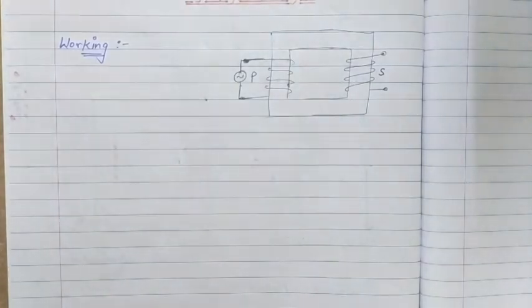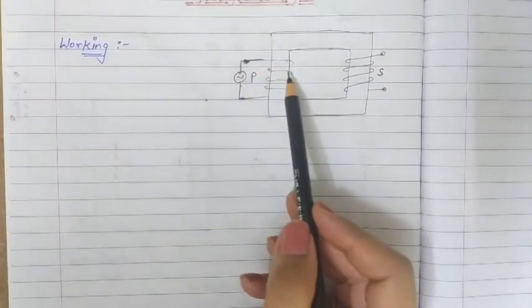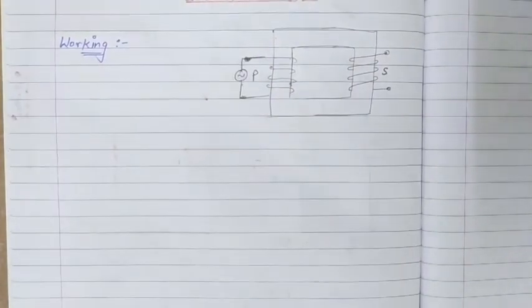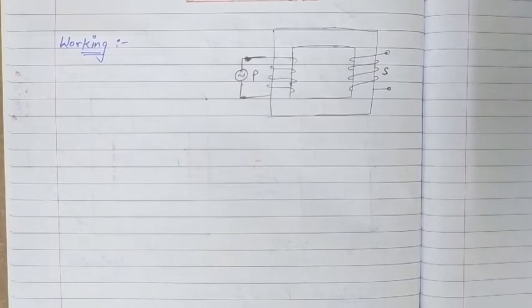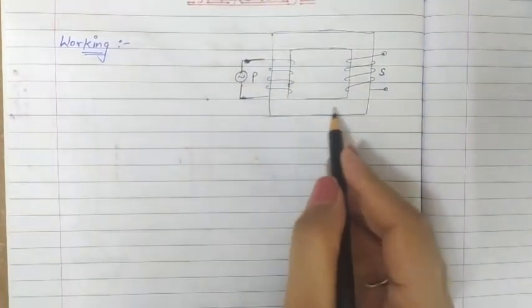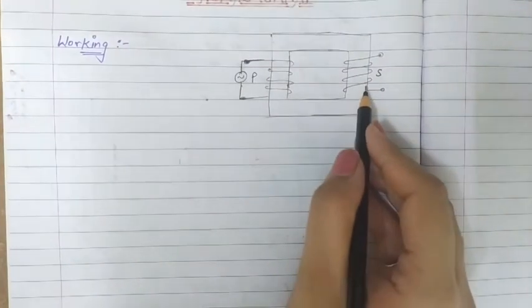So when alternating electric current flows through the primary coil, it generates an alternating, or changing, magnetic flux in the core, and that magnetic flux also passes through the secondary coil.